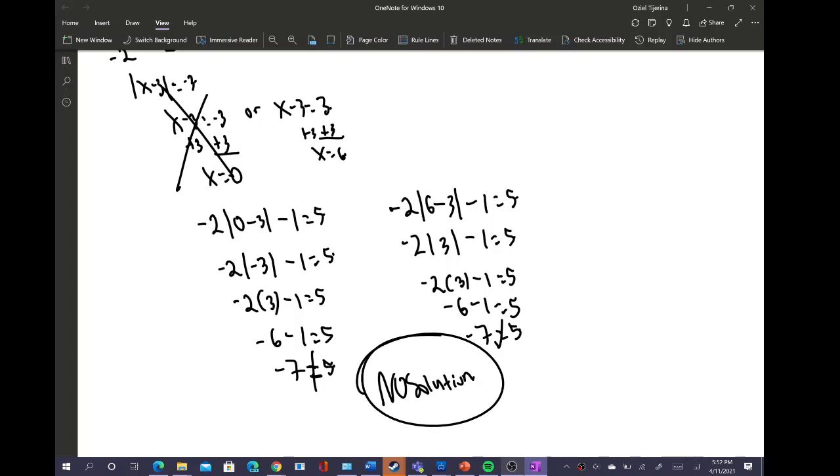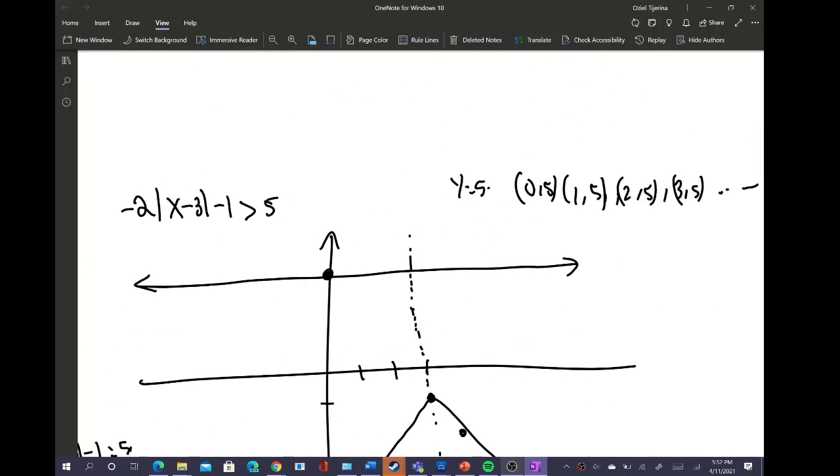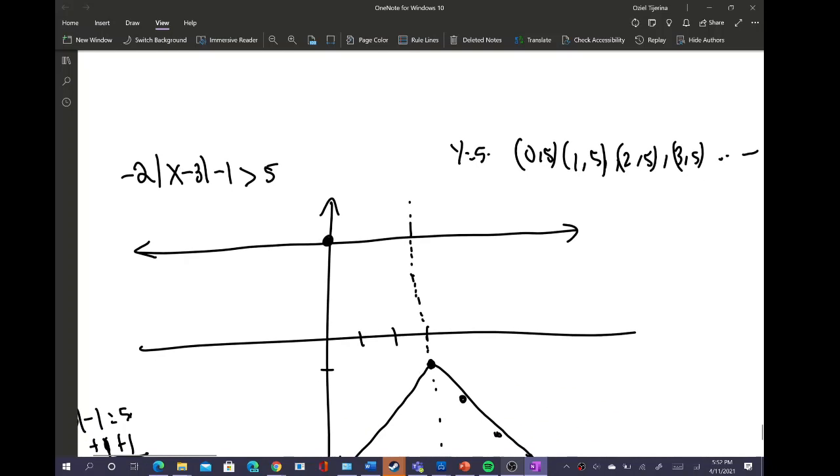There's no real solution. Same for this, which means that it cannot be greater than 5. If it's not equal to 5, why would it be greater than 5? Unless this was positive.